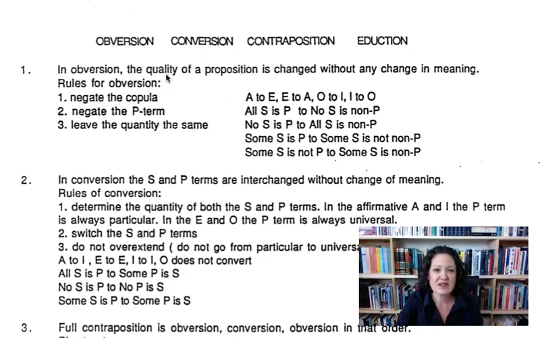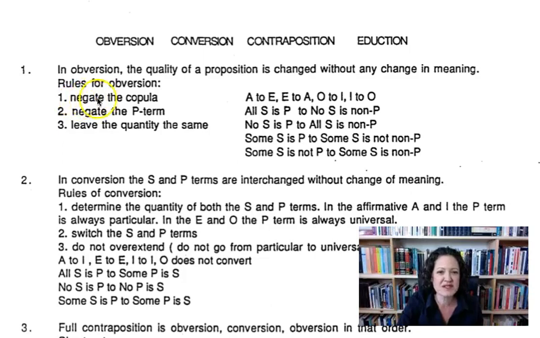Quality is whether it's affirming or negating, right? So we're going to change the quality, affirming or negating, of a proposition without changing the meaning of it. Now, here are some rules, and I'm going to have to talk about these rules. Boy, I wish I could draw on this. I can't because it's not on my iPad.